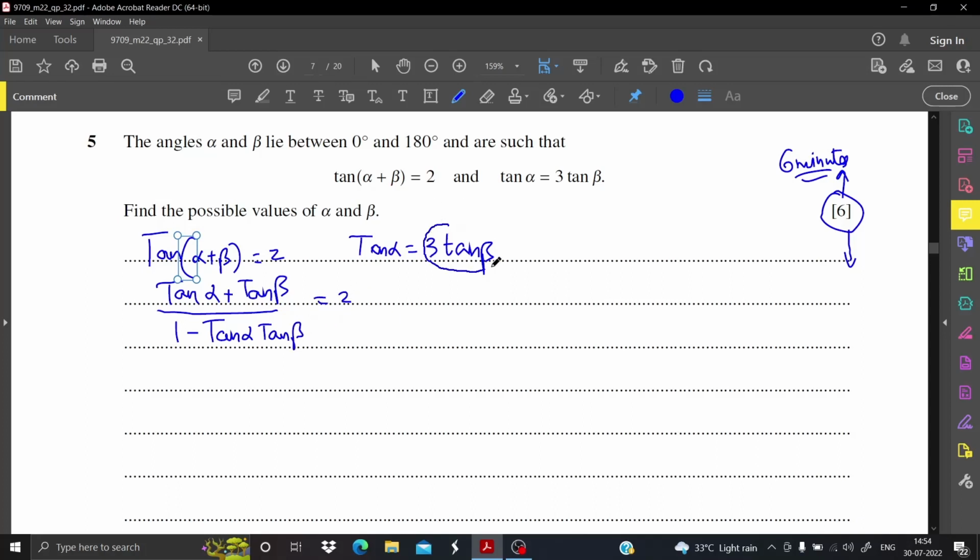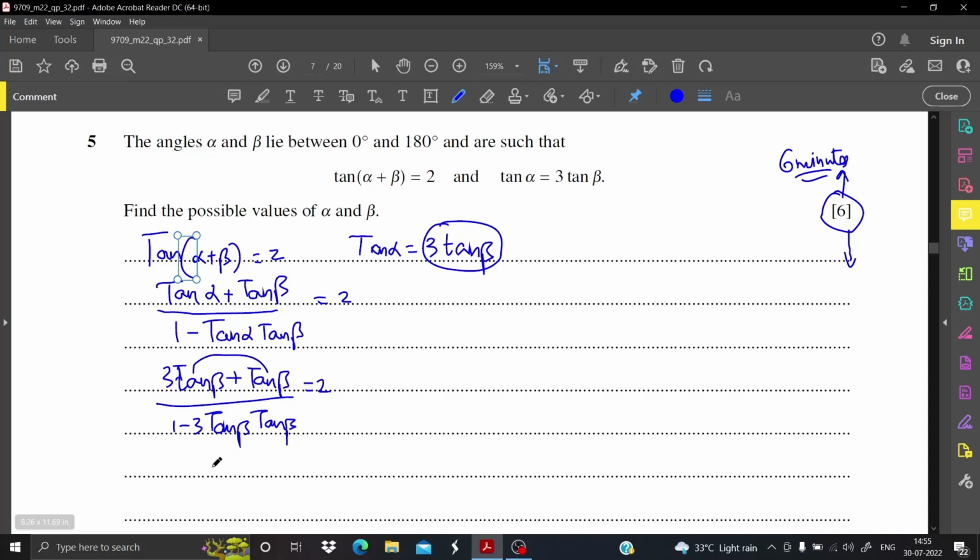Now you substitute tan alpha with 3 tan beta: 3 tan beta plus tan beta by 1 minus 3 tan beta into tan beta equal to 2.